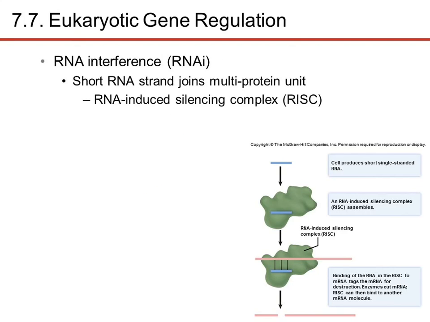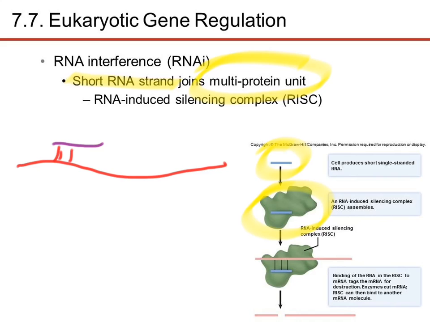A short strand of RNA is produced, and this short strand of RNA joins this multi-protein complex. That short strand of RNA is very specific for the messenger RNA that needs to be dealt with. And that short strand of RNA will join with this complex, and then it can base pair with the longer messenger RNA.